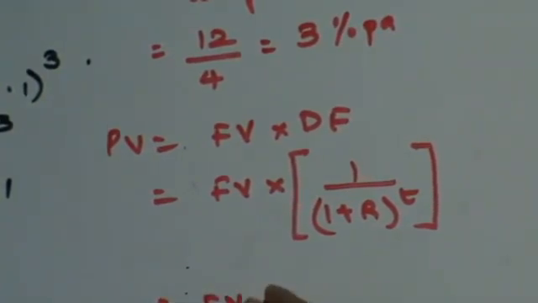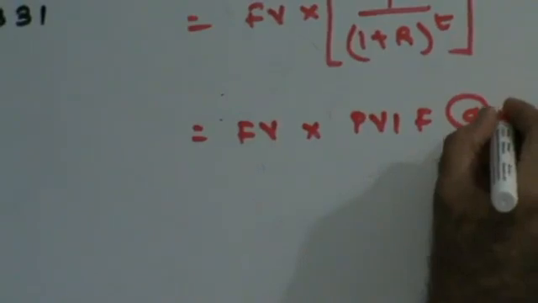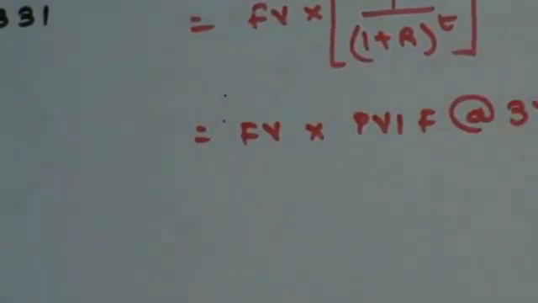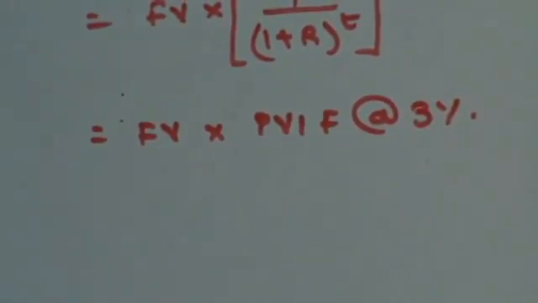So this is future value into the present value interest factor at the rate of 3%. This table is given to you in the textbook on page number 170. Can you all please open to page number 170?